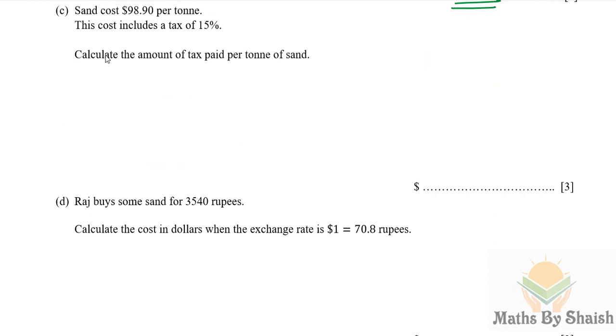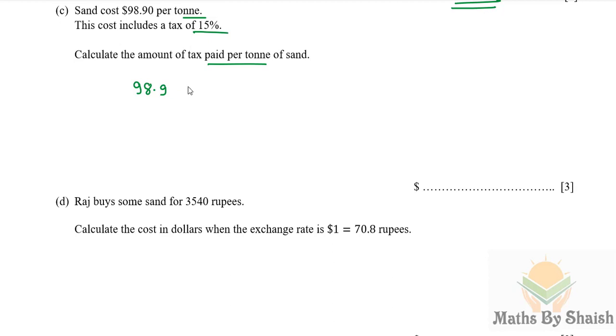And here is the C part. Sand costs $98.90 per ton. This cost includes a tax of 15%. Calculate the amount of tax paid per ton of sand. So this 98.90 is the amount inclusive of the tax of 15%.